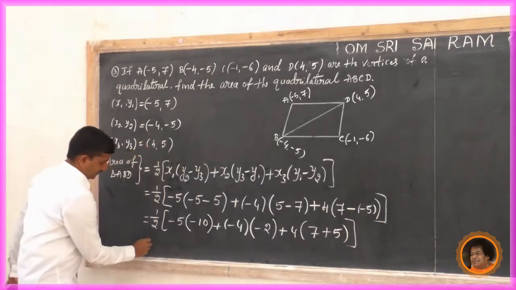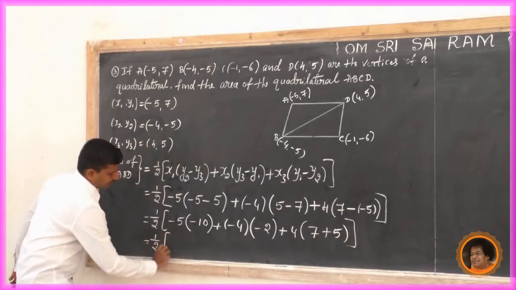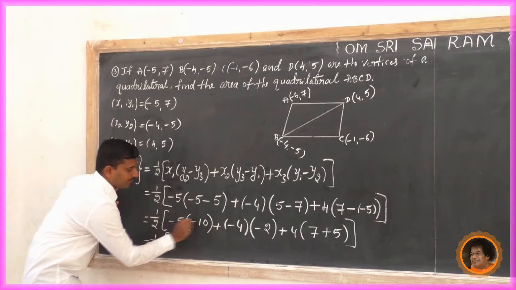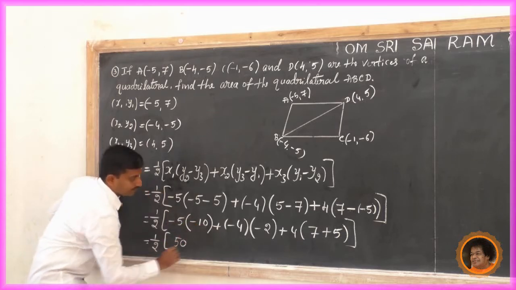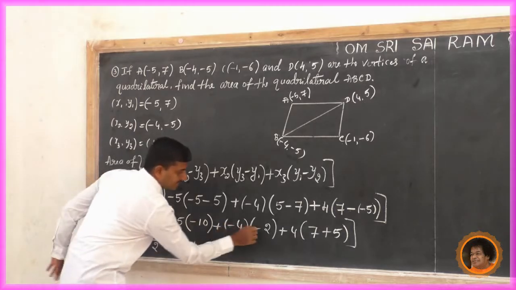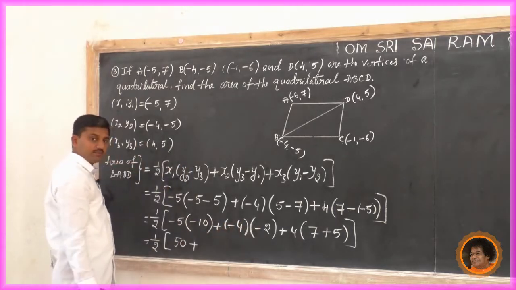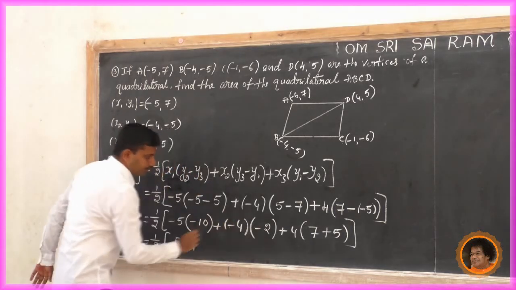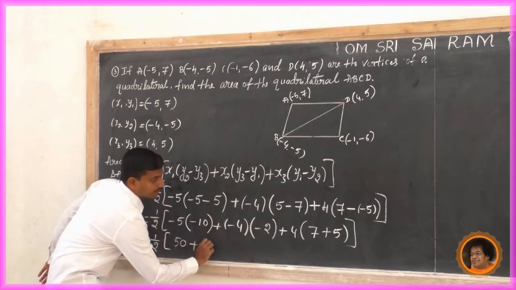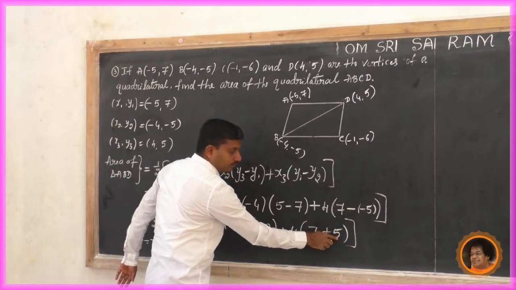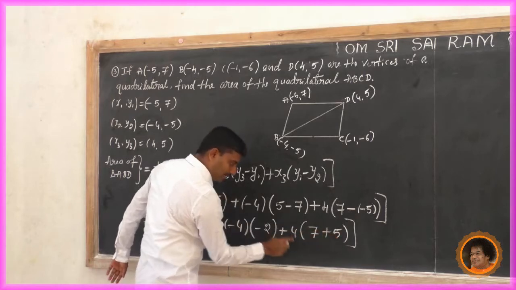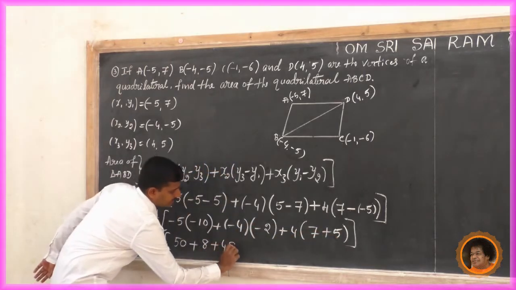So next equal to half into minus into minus, that is plus 10 into 5, 50, plus minus into minus, plus 4 into 2, 8, plus 7 plus 5, 12, 12 plus 4, 48.